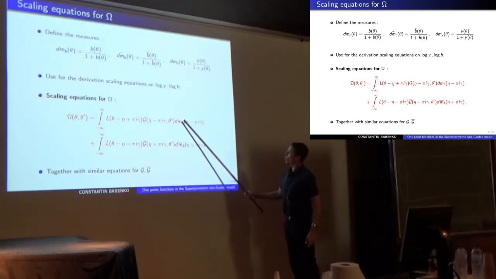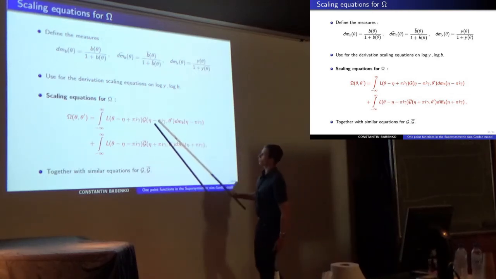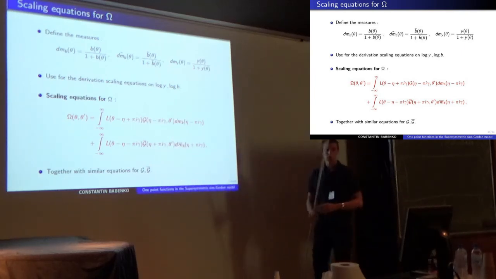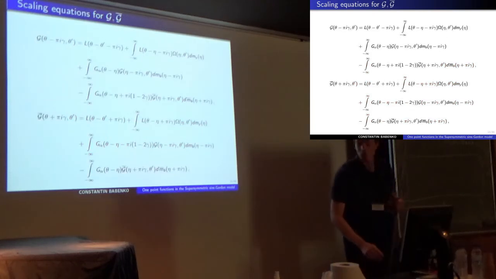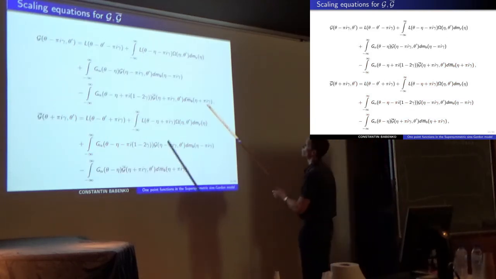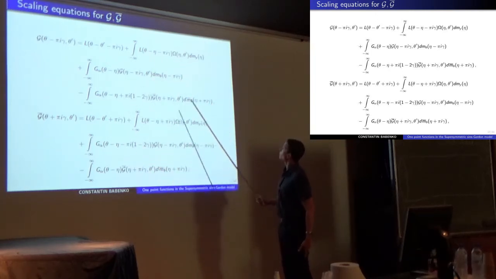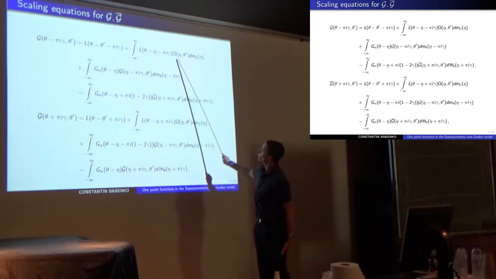You have the measures dmb and dmb bar that you can get by solving the equation on log y and log b. And there are these functions g and g bar. These functions g and g bar satisfy the same type of scaling equations which are coupled to big omega. So these are these two equations, and they depend on the kernel G alpha, of course on omega because they are coupled to it, and on the measure.